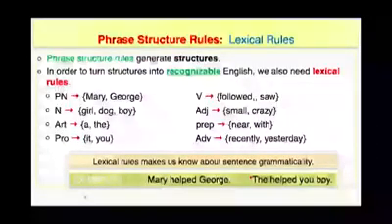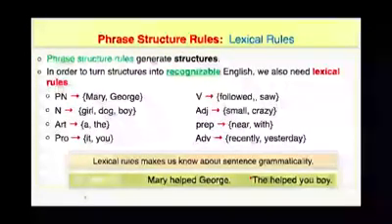Also we have a and the. They stand for articles. And pronouns like it and you. We have also verbs like followed and saw, and adjectives like small and crazy, and so on.